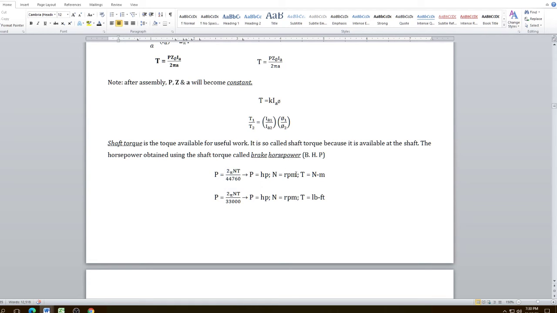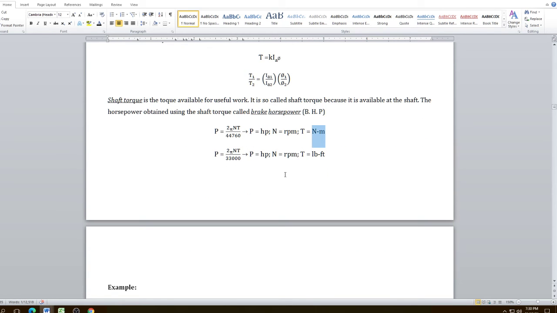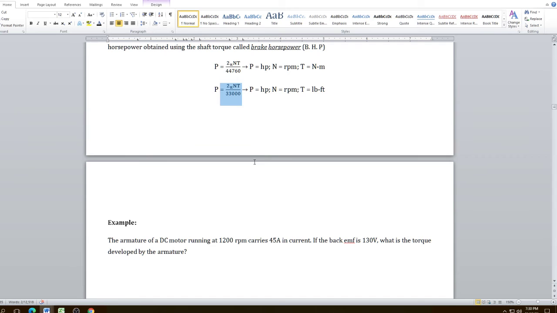N is in RPM, and torque is in Newton meter. If we convert our torque from Newton meter to pound feet, the conversion is 1.356. So divide 44760 by 1.356, and the result is 33,000.